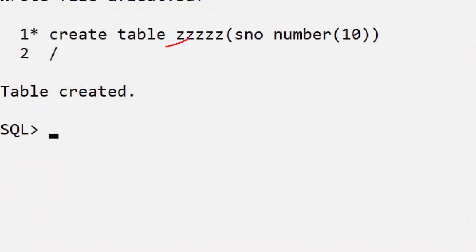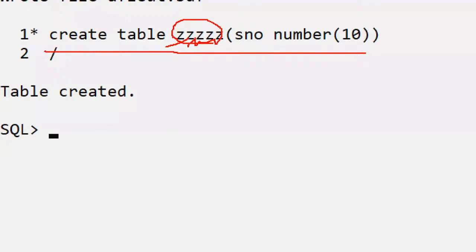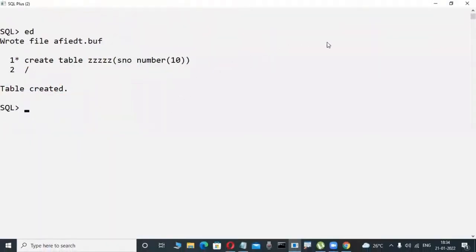Z is the name I am giving. The table I'm creating is only in my Oracle database or SQL Server database or MySQL database. Table is created. Slowly observe it here.